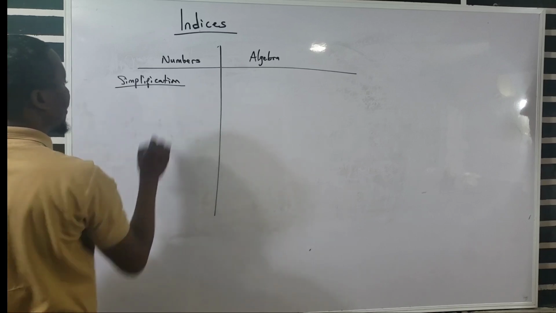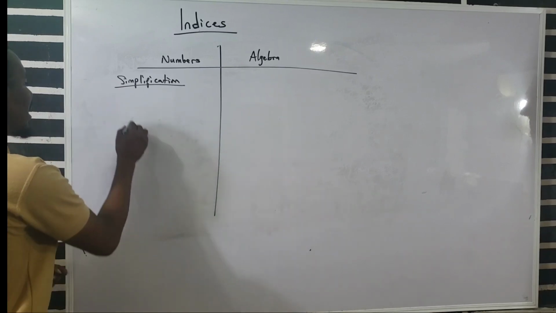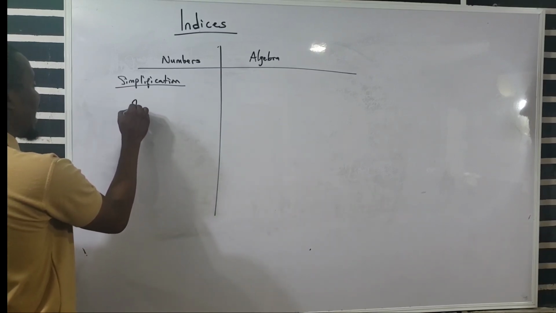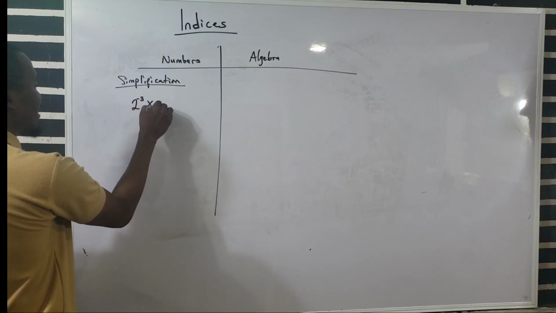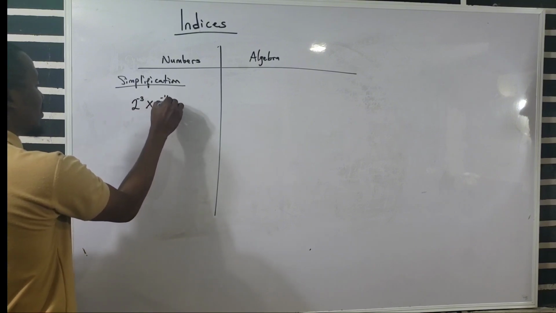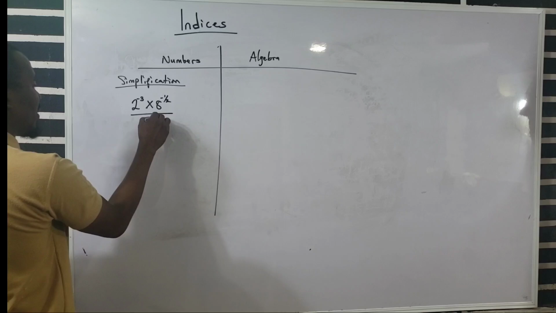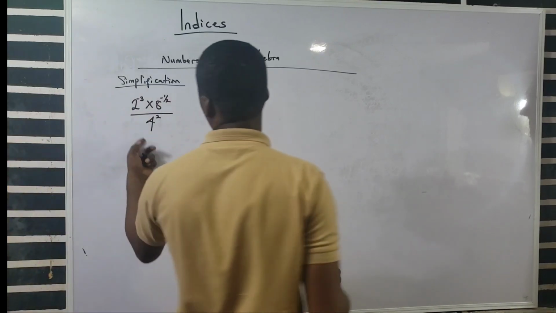Okay, simplification. For example, you can be given a problem like this: 2 raised to power minus 3 times 8 raised to power minus 1 over 2, over 4 raised to power 2. You can be asked to simplify this.